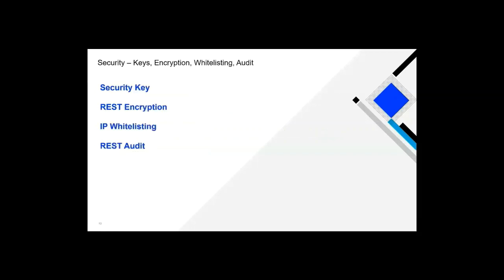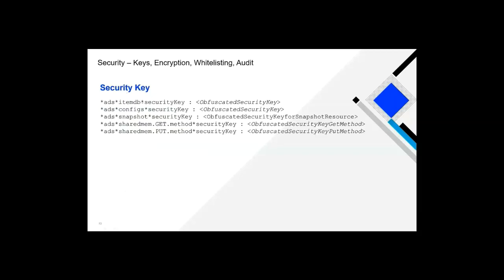And we're gonna talk a little bit about security mechanism built around the REST API. We have security key. Yeah, we can think of it like a password. So I can only access the REST API resources if I have the password.